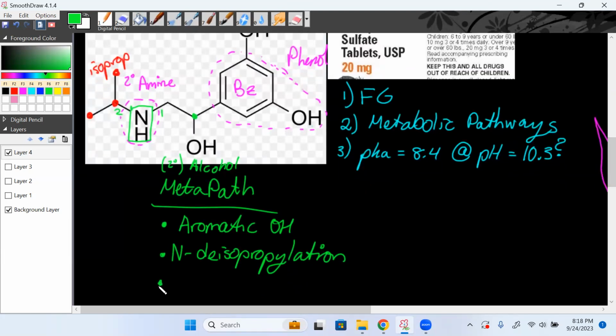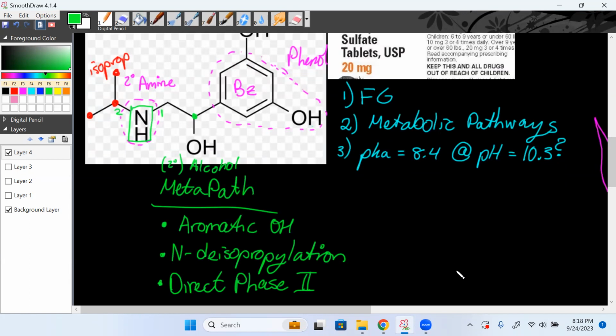The other thing that can happen is direct phase 2. Could it be aliphatic hydroxylation? Yeah, it's possible.